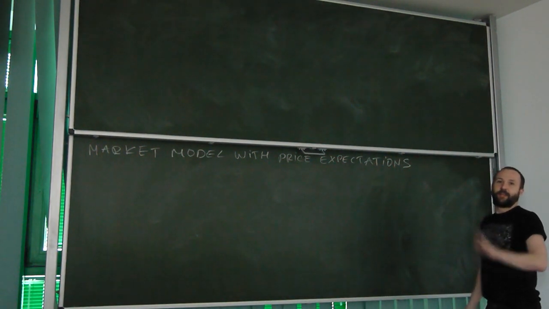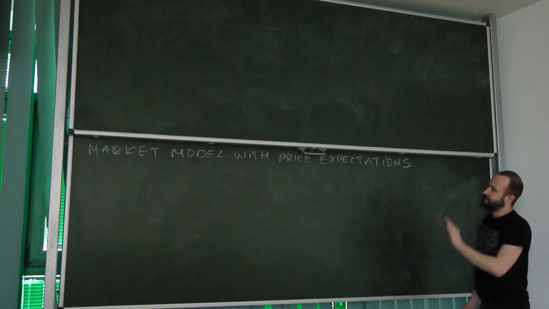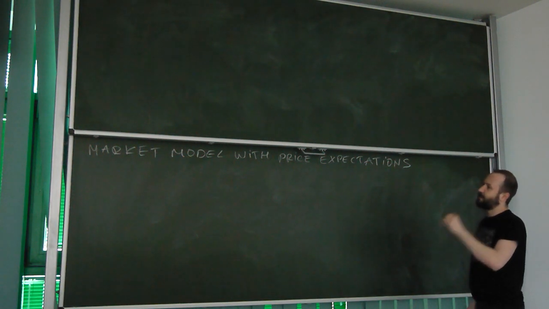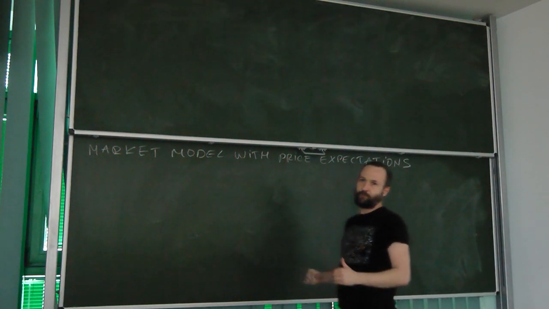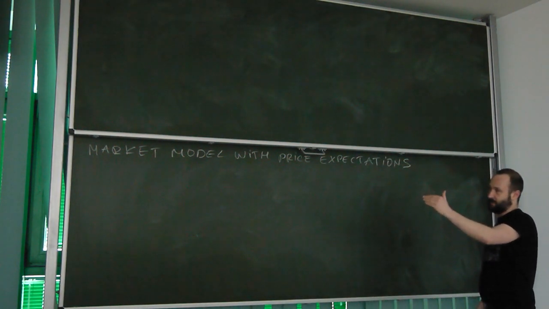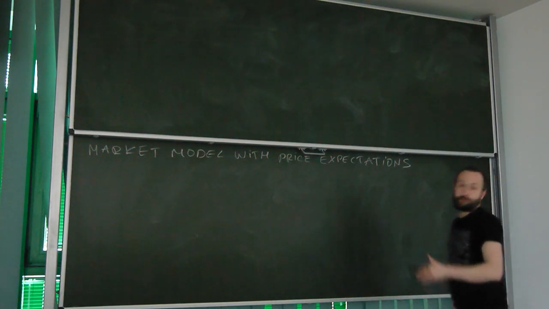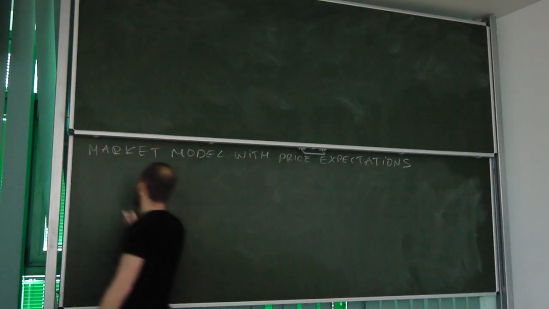And we're going to assume that customers care not only about the current price, but about the price trend. How can we introduce price trend? Well, we can use first derivative.